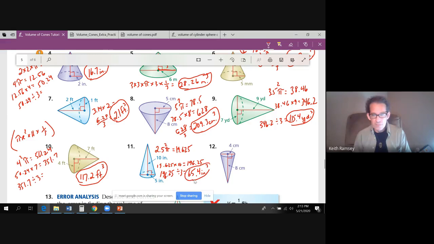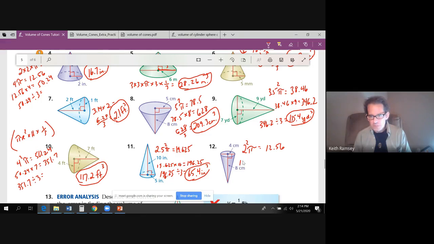For number 12, again, they're giving you the diameter. You just want the radius, which would be 2. So step 1 is radius squared, which is still 4, times pi. So we know 4 times 3.14 is 12.56.